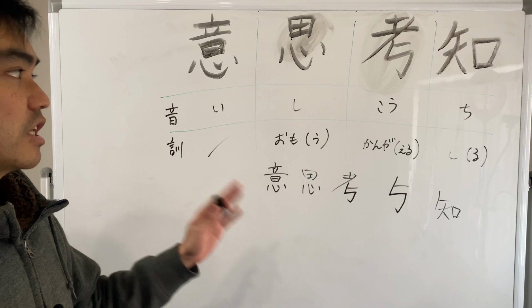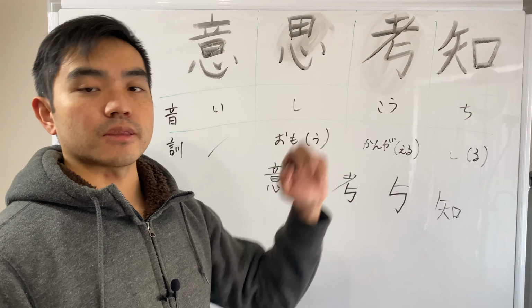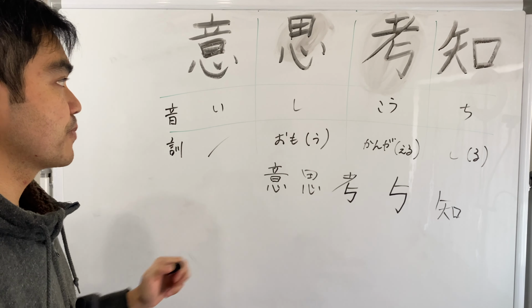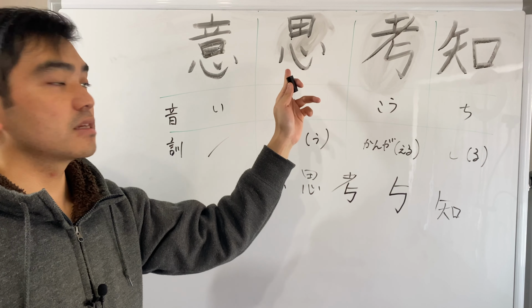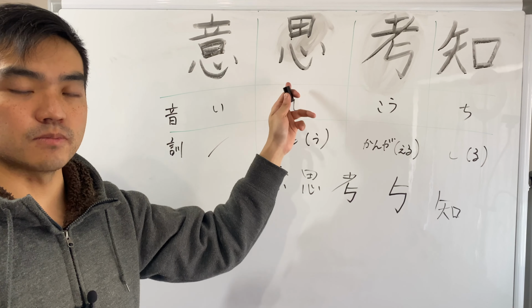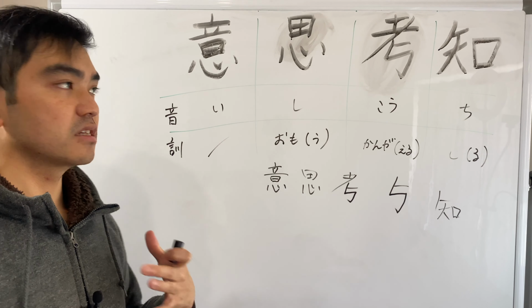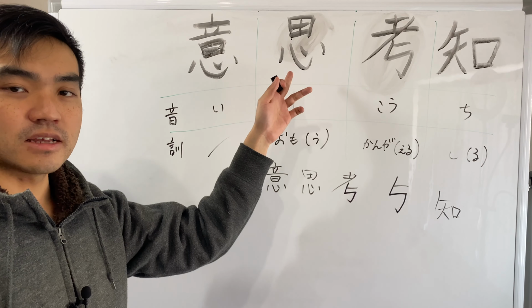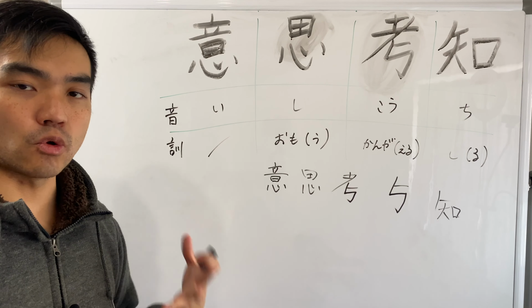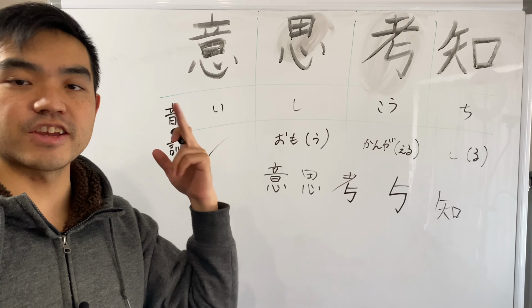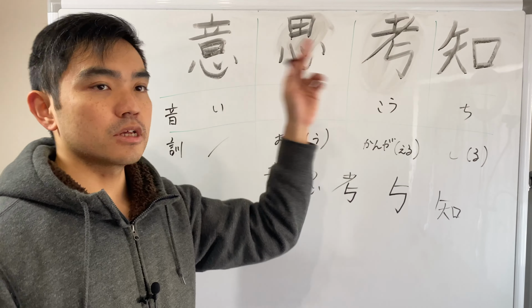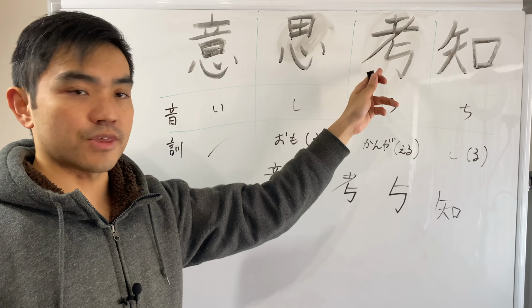Okay, so the difference between this thing and this thing, this kanji has this radical, shimbu, it means heart. So you think something with your heart. And this one, 考える, you use your brain to think something.